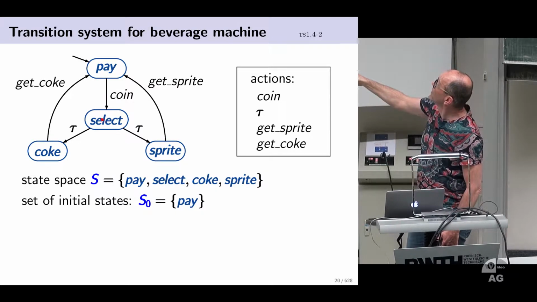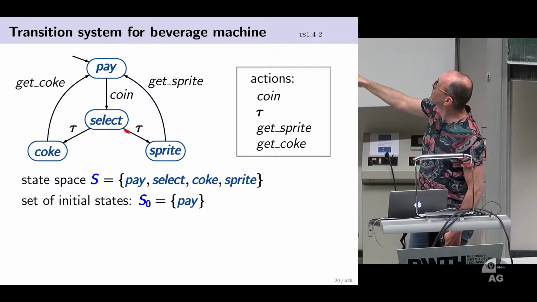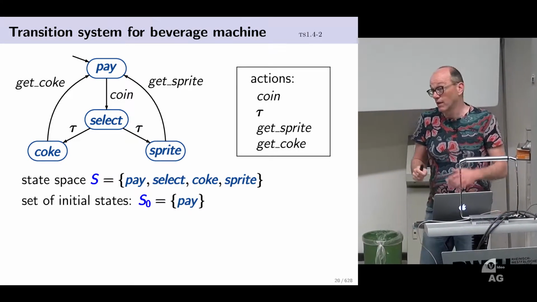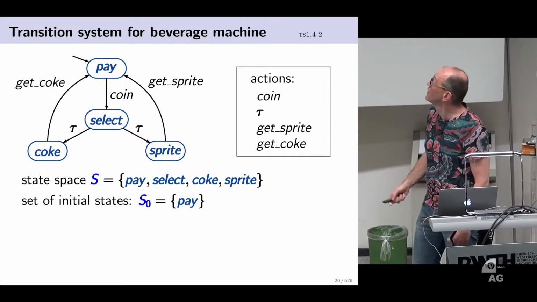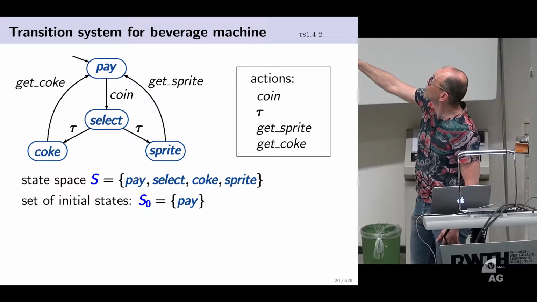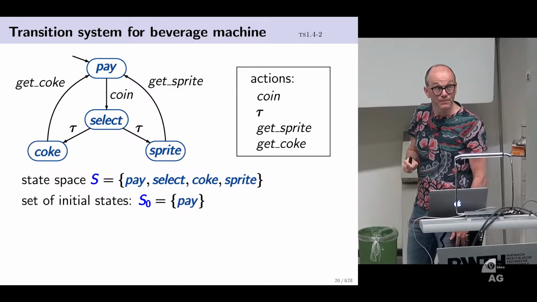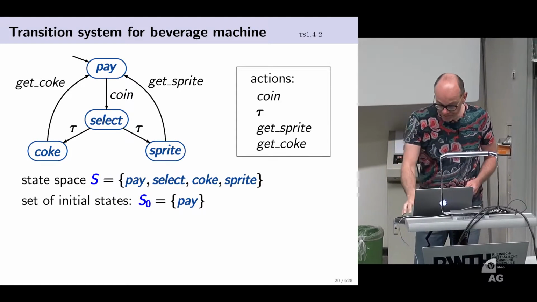And in select, apparently there is an action TOR here and an action TOR there. So the first thing you see already is that this also can, like automata, be non-deterministic. In this state, there are 2 TOR labeled transitions, namely one going to the left and one going to the right. Both labeled the same.